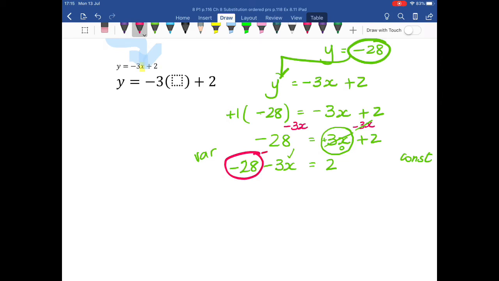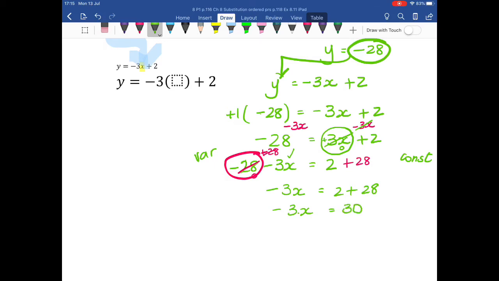I must add 28 because -28 plus 28 will give me 0. But then I must also add 28 that side. So now we're going to write it nice and neatly. -3x equals 2 plus 28. So -3x equals 28 plus 2, or 2 plus 28 equals 30.